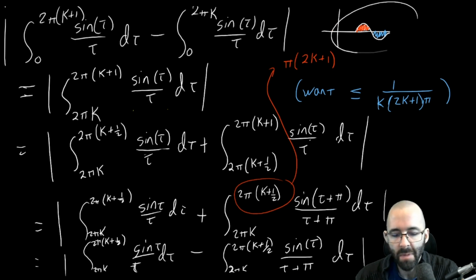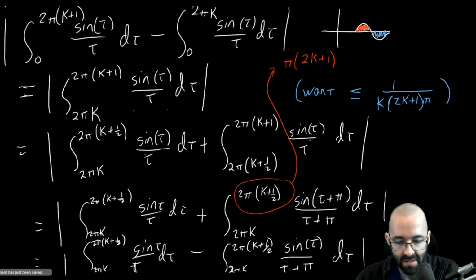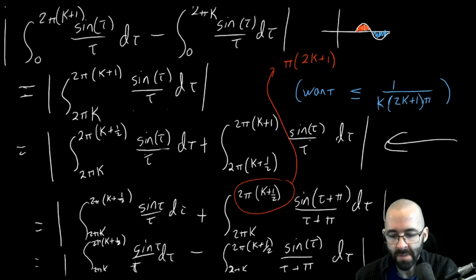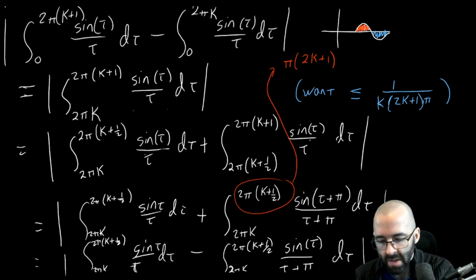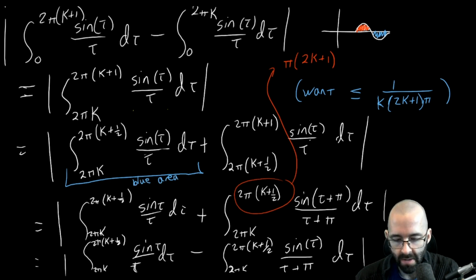So yeah, if we just think about this red and blue area, then really the red area is going to be bigger than the blue area is negative. So what I decided to do next in this step is say, okay, let's split this up into red and blue. I actually probably should have done it in the other order. This is the blue area right here.